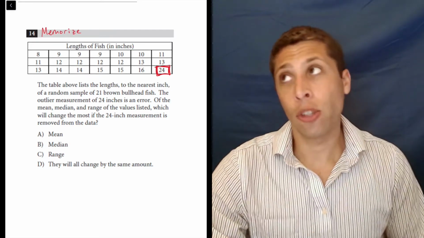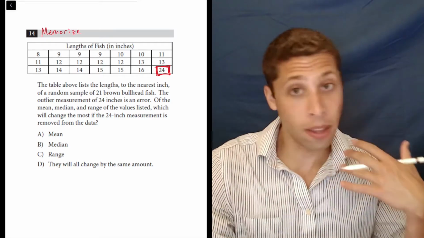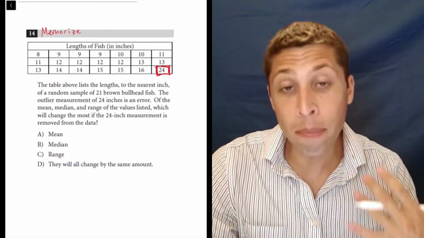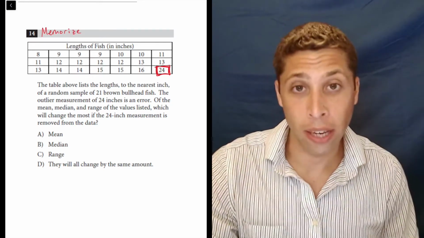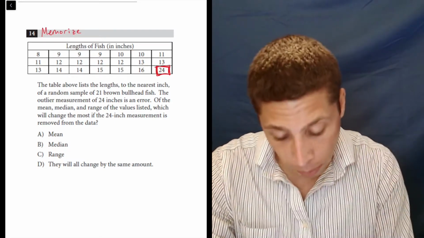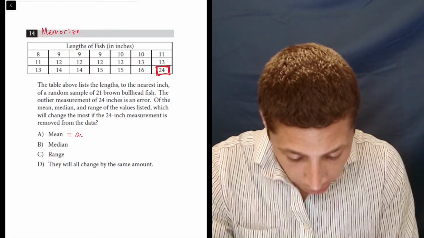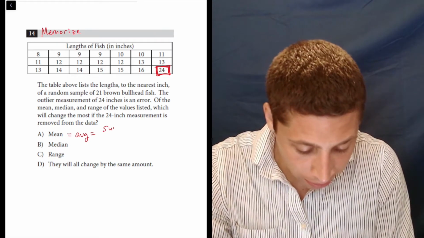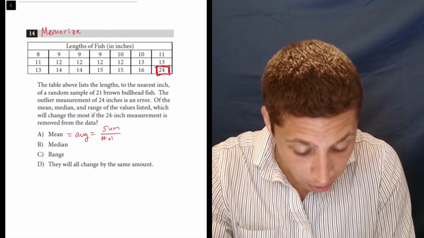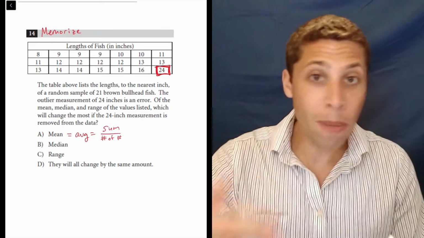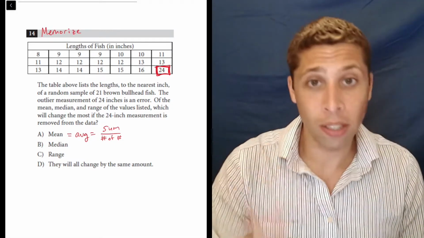Okay, so the first thing here is that the mean will definitely change, right? If the mean involves all the numbers. So the mean is the average, and the average is always calculated as the sum of the numbers over the number of numbers. So it might not change a lot, but it's going to change no matter what.